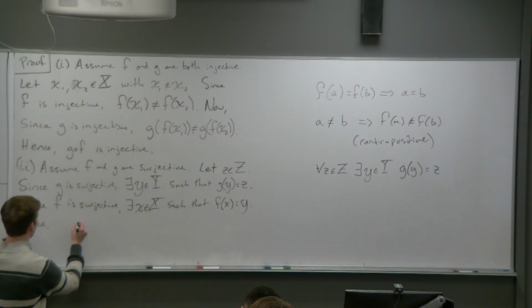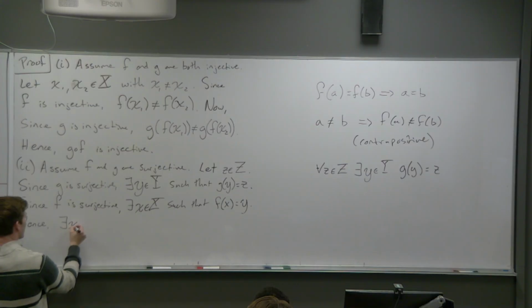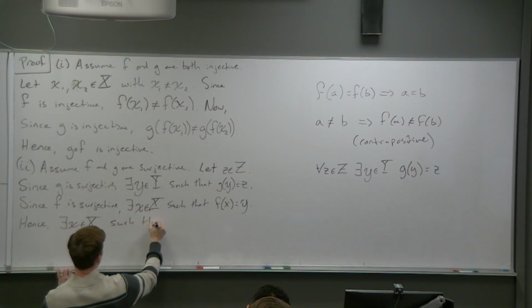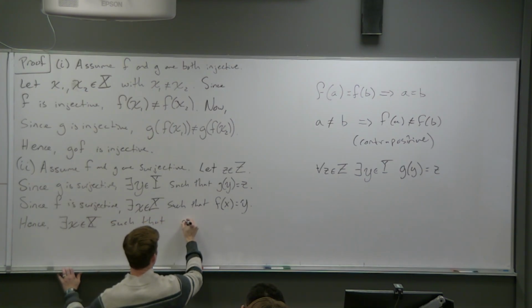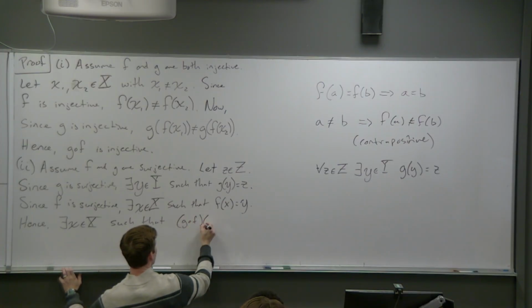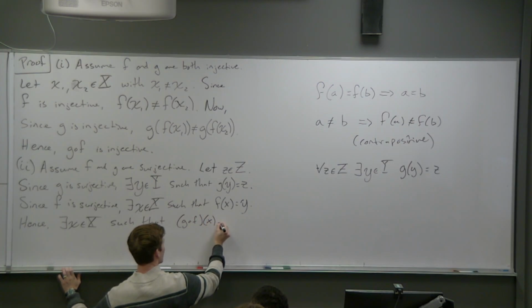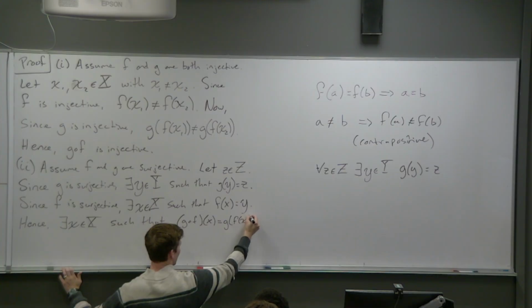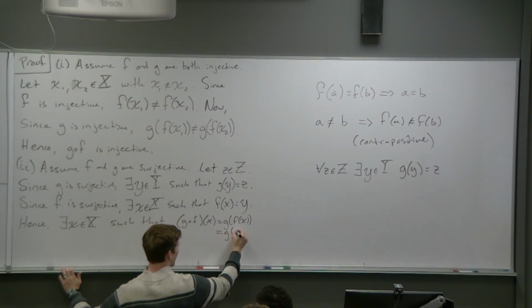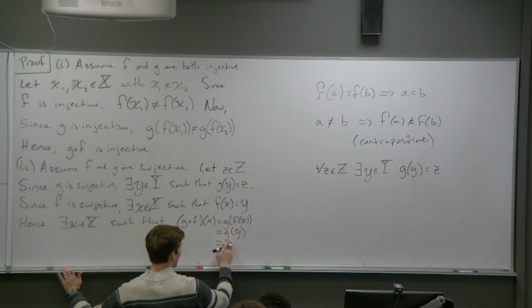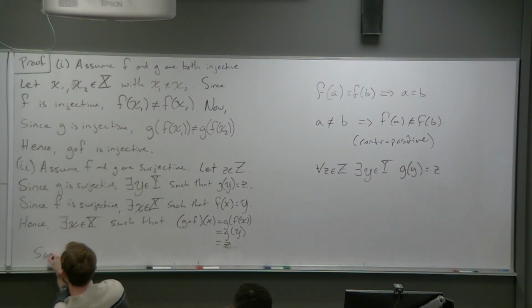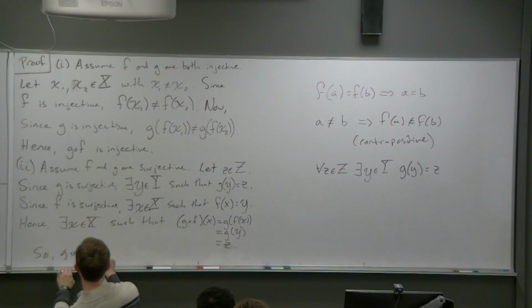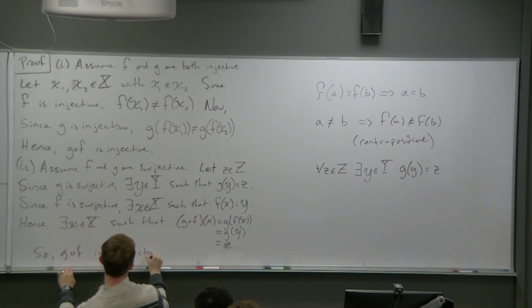Hence, there exists x in X such that g of f of x, well, remember, this is just g of f of little x, which is g of y, which is z. So g composed with f is surjective.